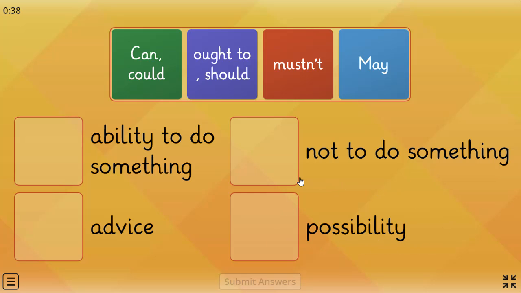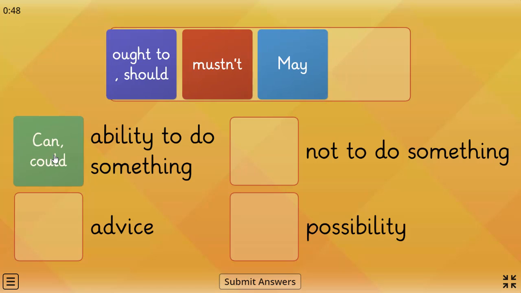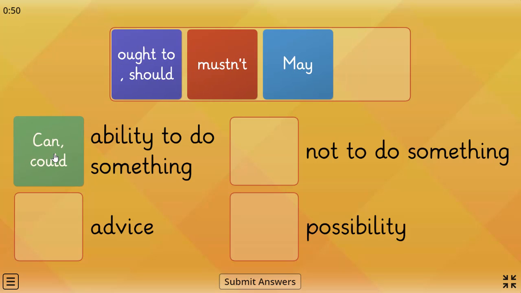Who will start? So what do can and could express? Ability? Great. Yes, you said that sometimes can express possibility. We'll see that another time, but for the moment, what expresses possibility, as you mentioned?